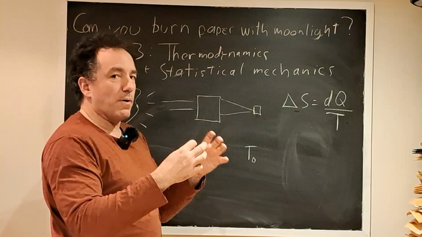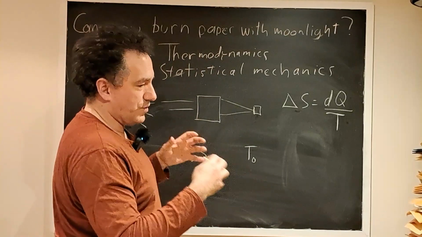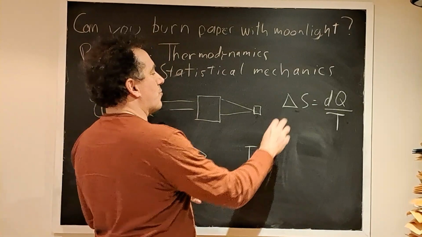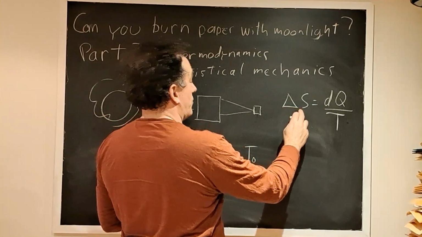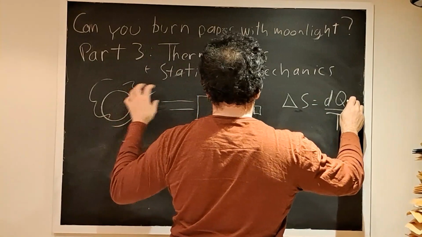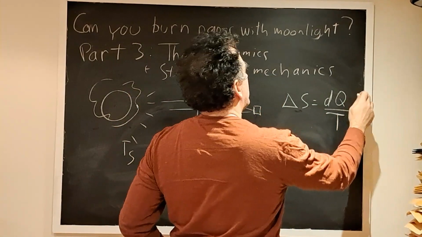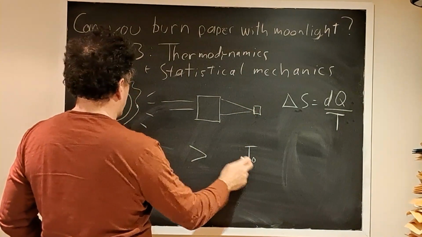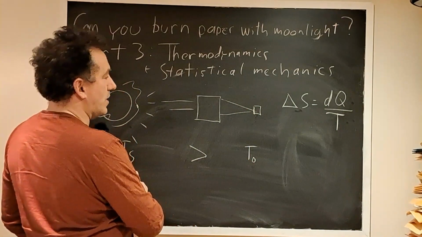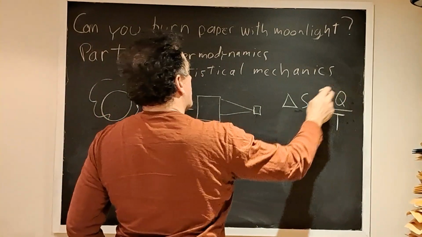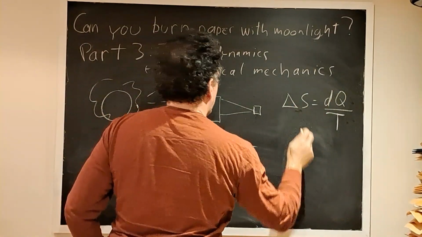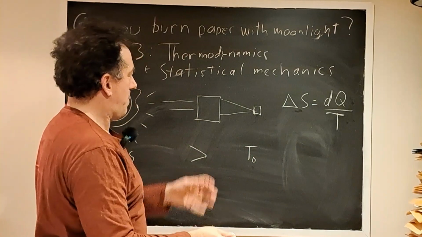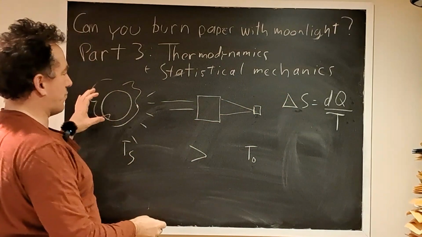And if we look at a very small amount of time during which the surface doesn't increase in temperature too much, we will see that the entropy of the surface will be equal to the same heat that's been emitted, that we took and concentrated here, divided by the temperature. But since this temperature here is smaller than the temperature of the surface of the sun, the heat is the same, we see that the entropy of the surface will increase by an amount greater than the decrease in entropy that was produced here.